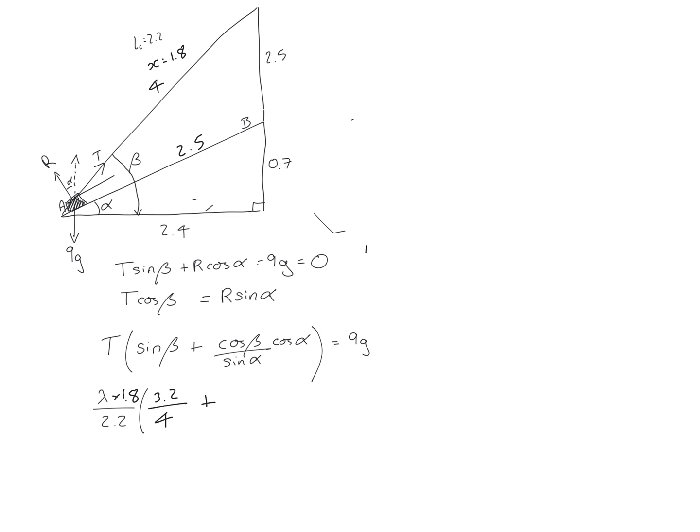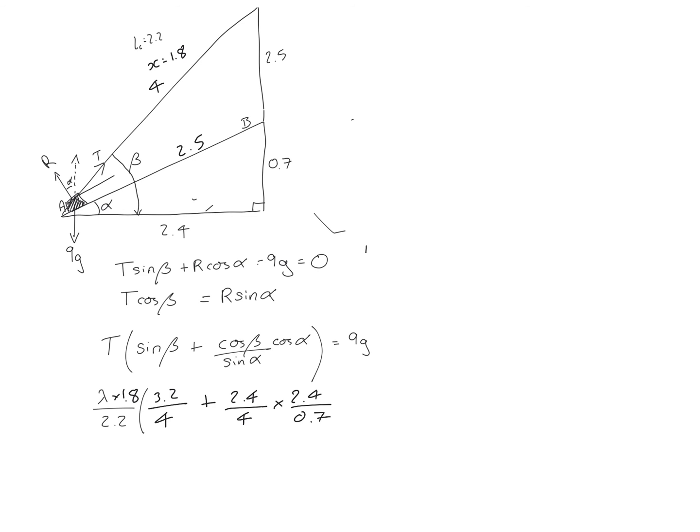plus cos beta. Cos beta is the adjacent over the hypotenuse, times effectively cot alpha, which is the adjacent, 2.4, over the opposite, which is 0.7.